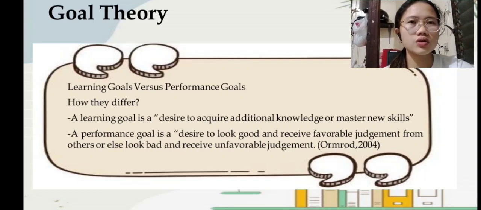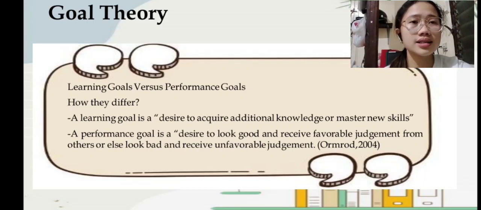So let's proceed to goal theory, learning goals versus performance goals, and how they differ. A learning goal is a desire to acquire additional knowledge or master new skills, while a performance goal is a desire to look good and receive favorable judgment from others, or else look bad and receive unfavorable judgment by others (Ormrod, 2004).